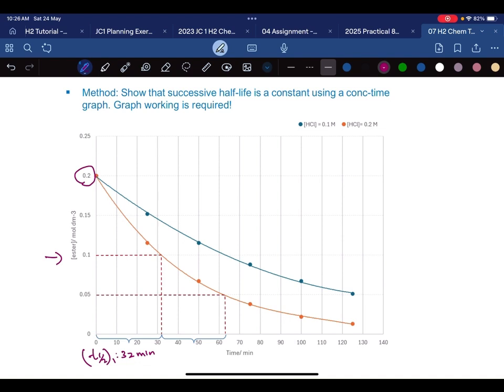The next T half is the time taken for the concentration to fall from 0.1 to 0.05. So we are looking at this time interval. If you read from the graph, you will find that my second T half is now 31 minutes.